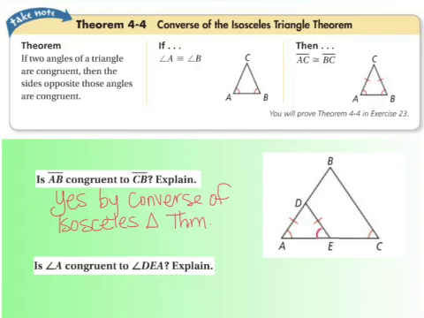Well, our answer here again is yes, and it's because we see that we have two opposite sides that are congruent. And the isosceles triangle theorem says that if you have two sides congruent, then you must have two angles that are congruent. So yes, by the isosceles triangle theorem.